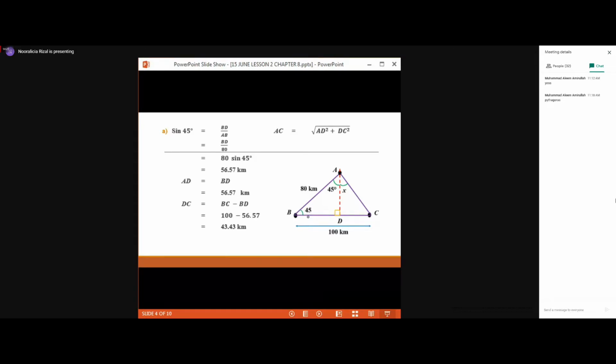Copy down nicely your diagram, show your working steps, and calculate what's AC.